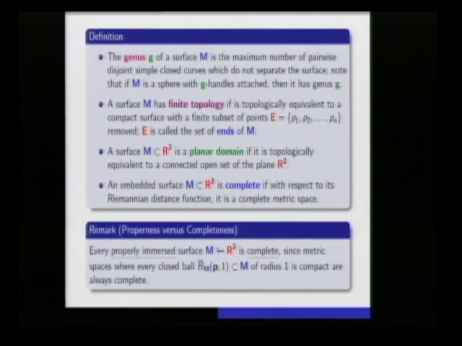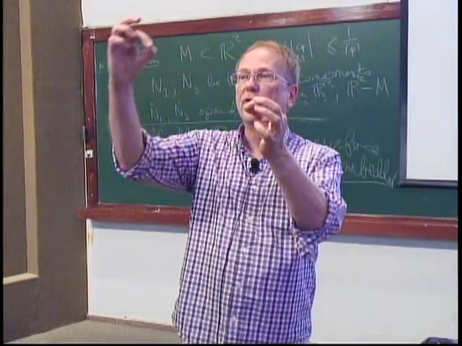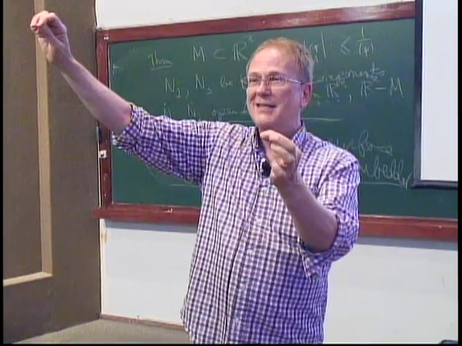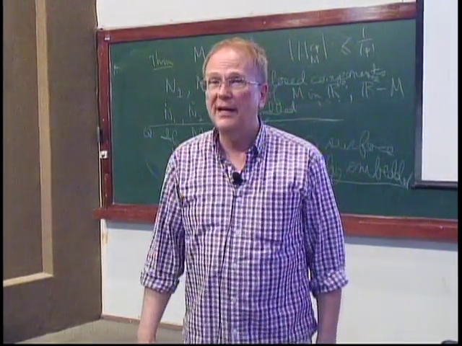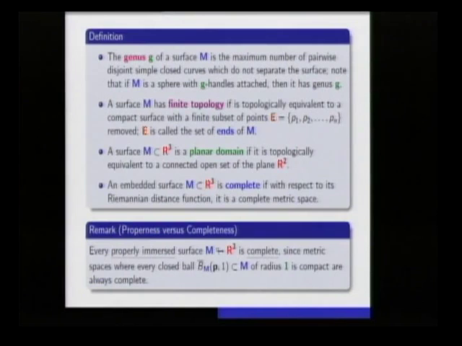And then you can see that the closure of the ball of radius 1 intrinsically on the surface is contained in the pre-image of that compact set, because intrinsic distances are always bigger than or equal to extrinsic distances, right? A curve on the surface that minimizes the distance between two points, if I'm in R3, maybe a straight line segment will do better. So I get an inequality. But if you're in a metric space where the closed balls of radius 1 are compact, then you're always complete.